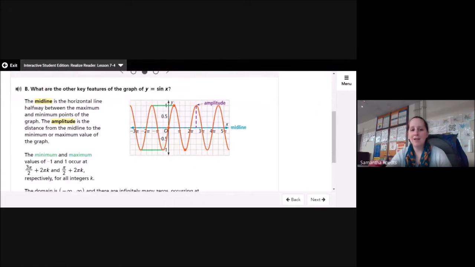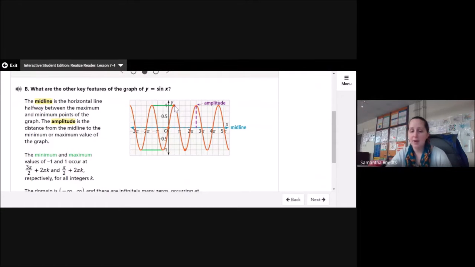The minimum and maximum values of -1 and 1 occur at 3 pi over 2 plus 2 pi k and pi over 2 plus 2 pi k. So you can see the first one occurs halfway between 0 and pi, which is pi over 2.